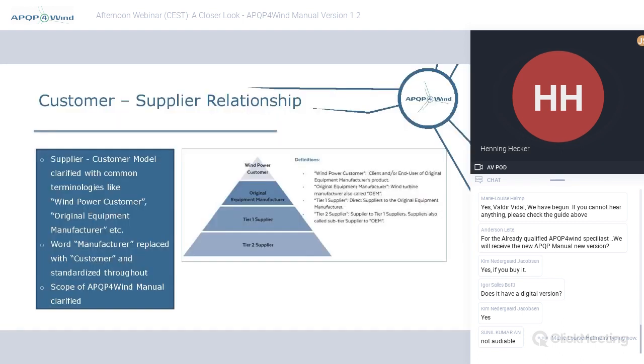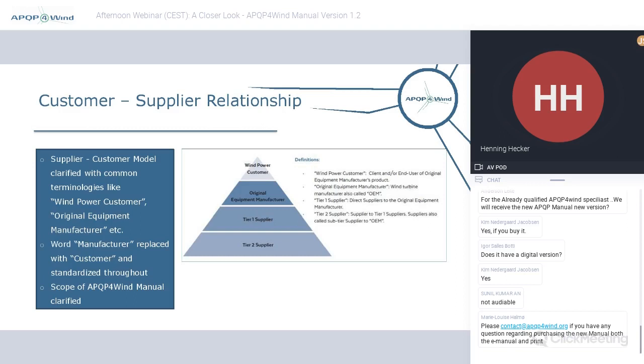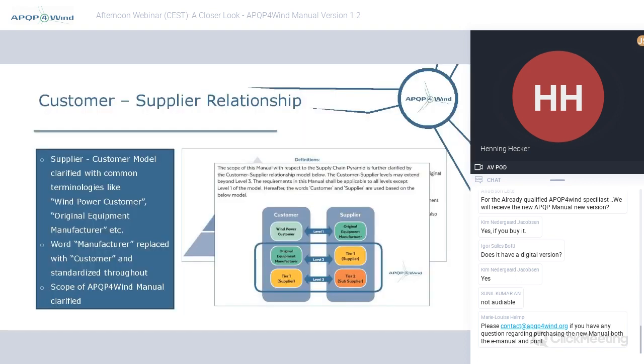For example, in the supplier relationship, we changed the wording manufacturer to OEM. We wanted to make sure that it's clear that we describe in the manual the relationship between the supplier and the customer. So that's why we changed the little images over here.